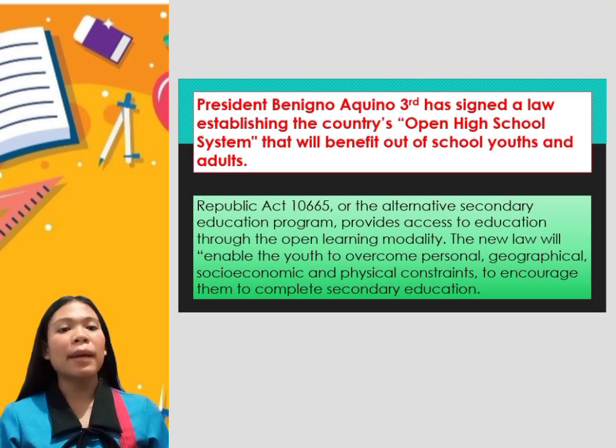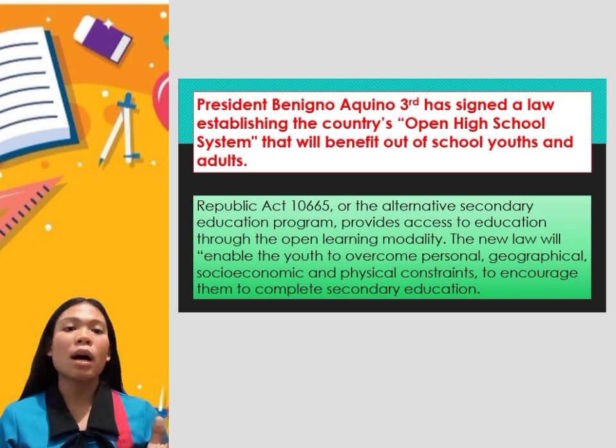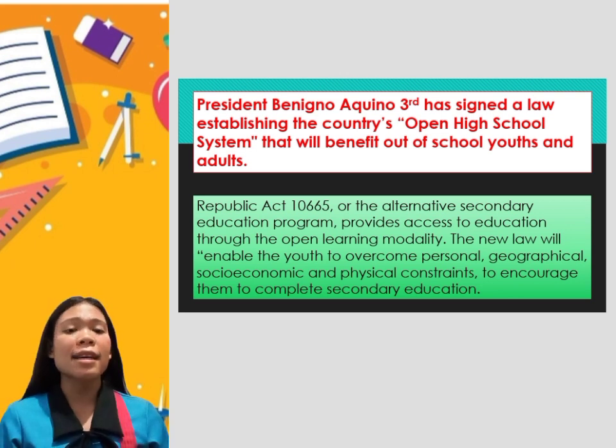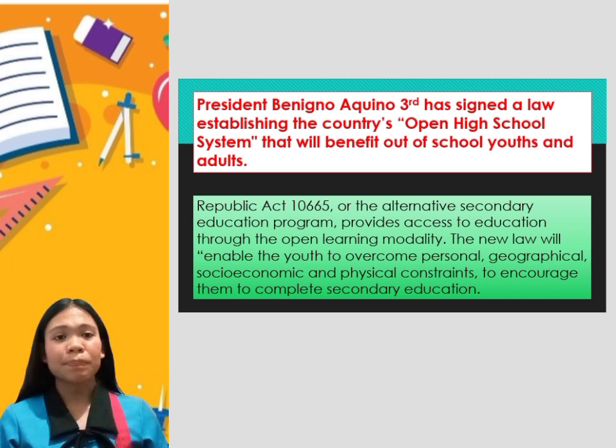According to reports, President Benigno Aquino III signed a law establishing the country's open high school system that will benefit out-of-school youths and adults. Republic Act 10665 or the Alternative Secondary Education Program provides access to education through the open learning modality.